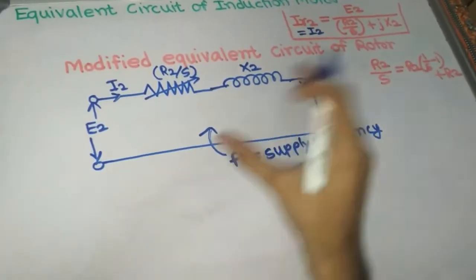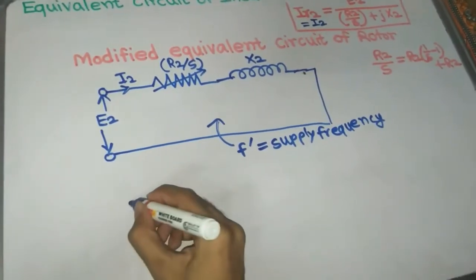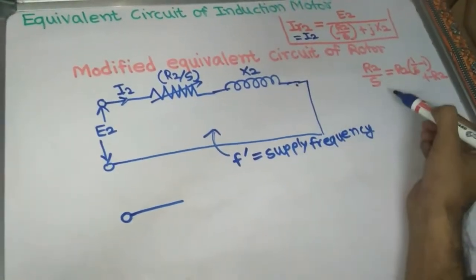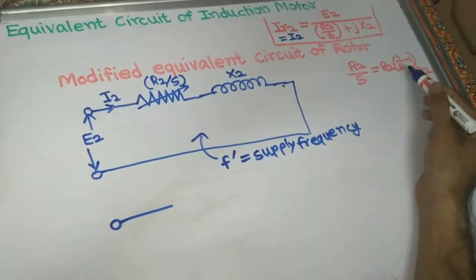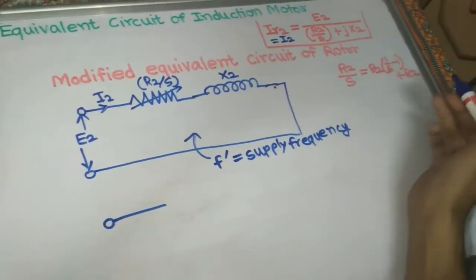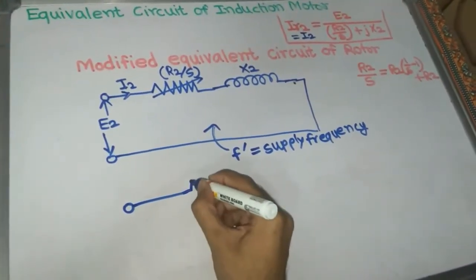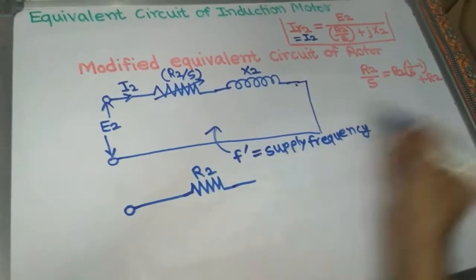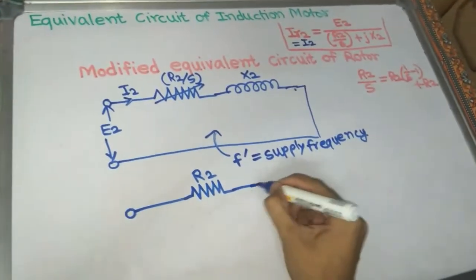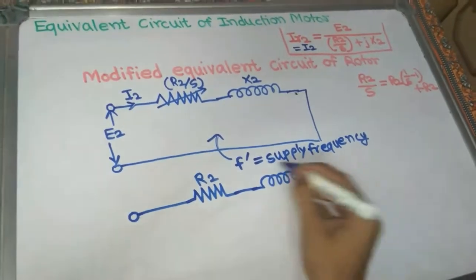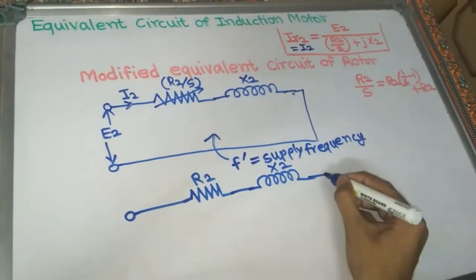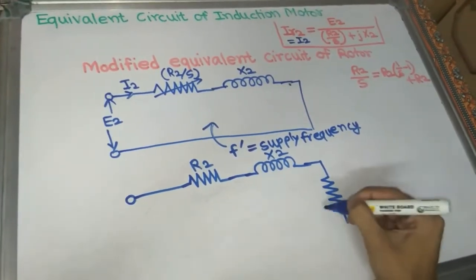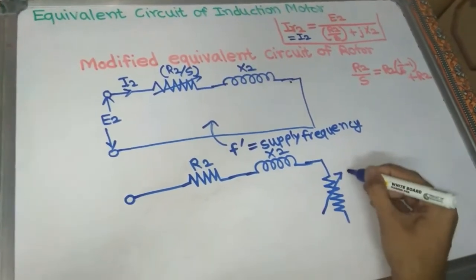So now we can draw the final equivalent circuit of rotor. We can write R2 by S is equal to R2 in bracket 1 by S minus 1 plus R2. So here the rotor resistance per phase also becomes constant, this R2, and rotor reactance X2, and one more resistance which is the load resistance, which is a variable resistance.